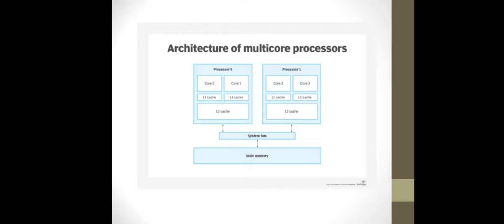In processor 1 there are core 2 and core 3. Here we can see the architecture of multi-core processors. It has two processors, a system bus and a main memory.